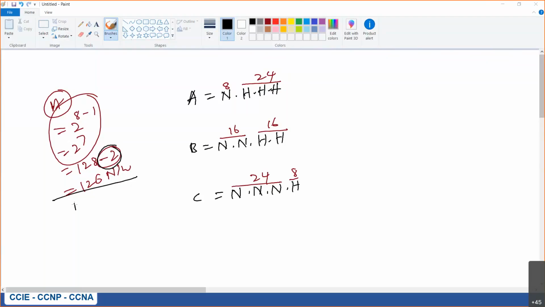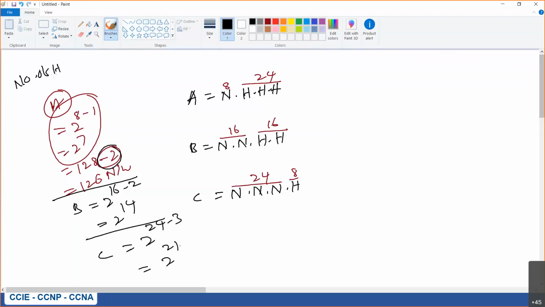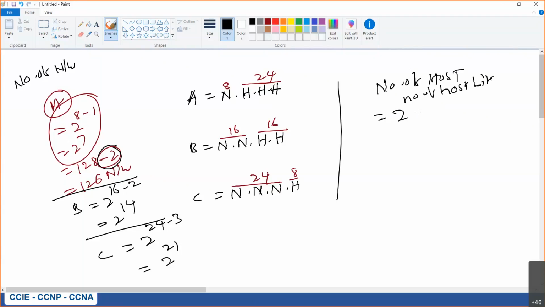In Class B, 2 power 16 minus 2, so 2 power 14 networks are usable. For Class C, 2 power 24 minus 3, like 2 power 21 networks are usable. That is for the number of networks. In the case of number of hosts, we have 2 power h minus 2, meaning 2 power the number of host bits, minus 2.